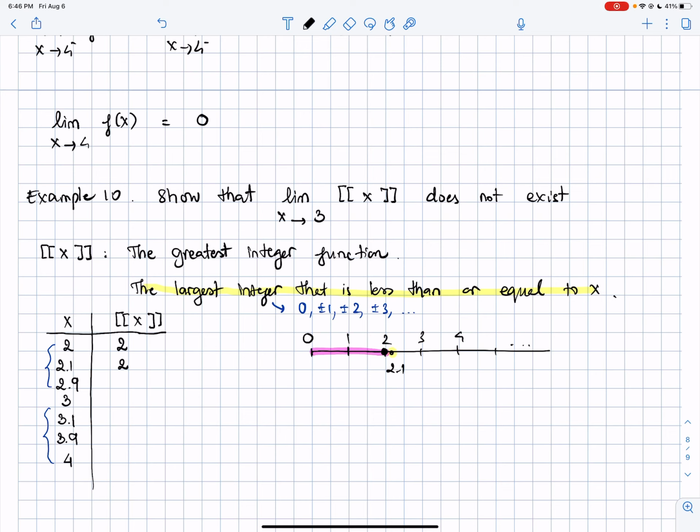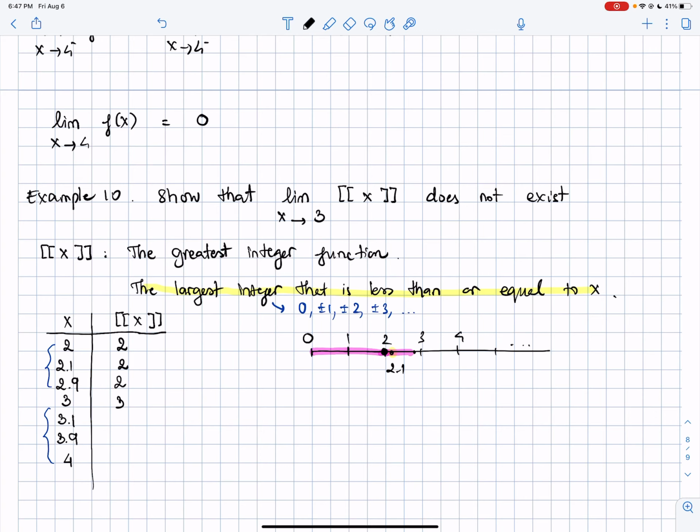If x equals 2.9, then the largest integer less than or equal to 2.9 is 2, the one shaded in the pink color. If x equals 3, 3 is an integer and it is equal to itself, so it is 3.